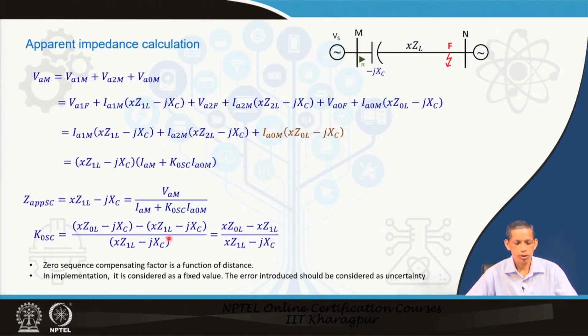Here the jXC cancels out, so this becomes x Z0L minus x Z1L upon x (Z1L minus jXC).